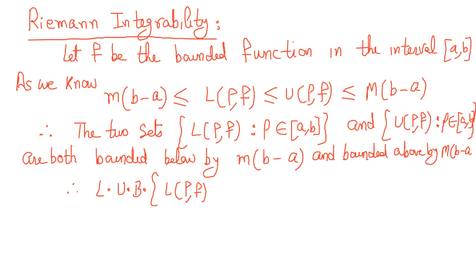So we can find the least upper bound of LPF. What is the least upper bound of LPF? That is the least upper bound of LPF for P belongs to A comma B.